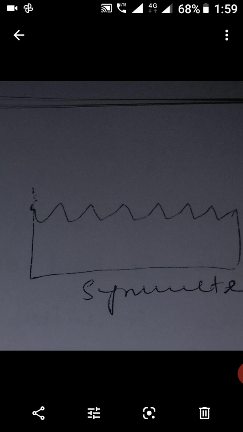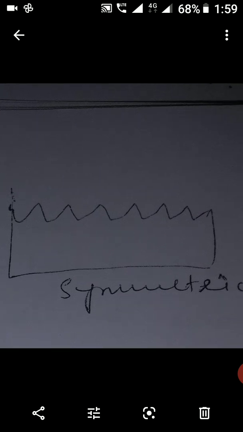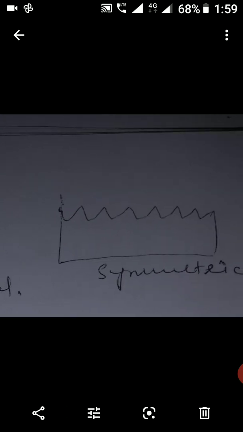Fifth one is ripple marks. You can see the ripple marks. This is the asymmetrical type of ripple marks, and this is the symmetrical type. Ripple marks are like a wavy structure. These form in a watery environment.